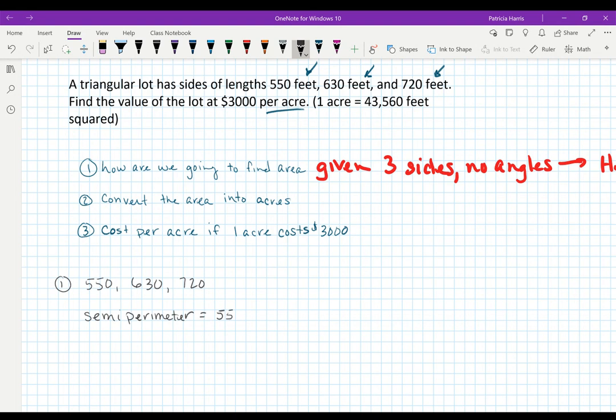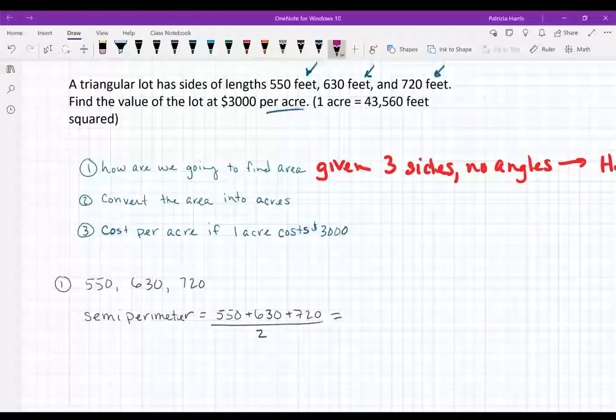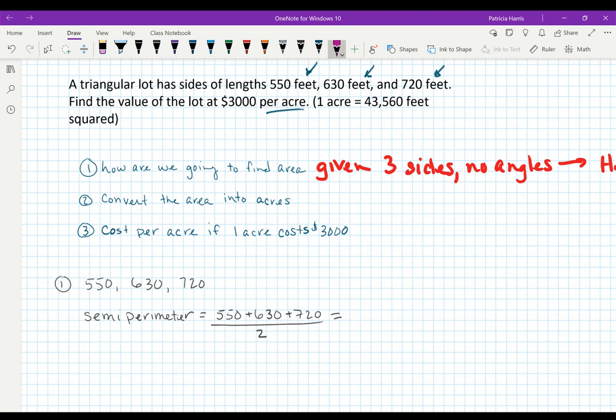So we're going to take 550 plus 630 plus 720 divided by 2. We are going to get 1900 divided by 2, which is 950.